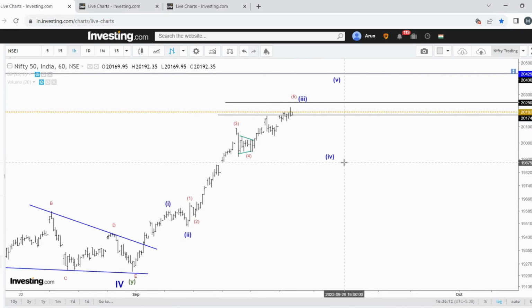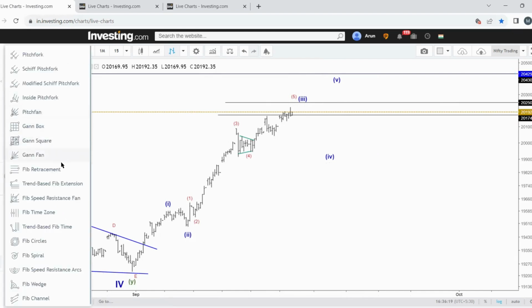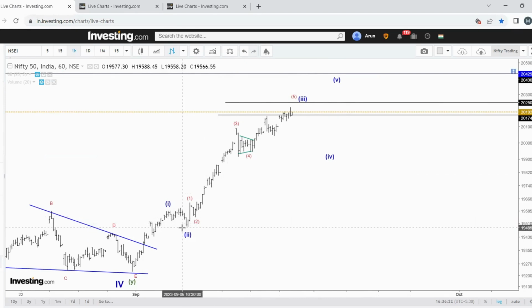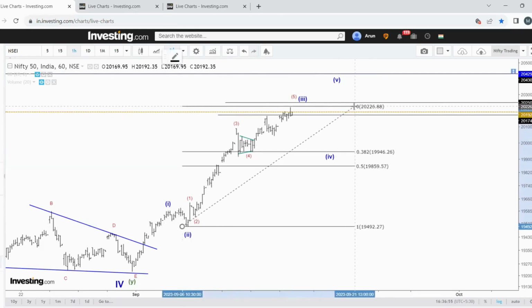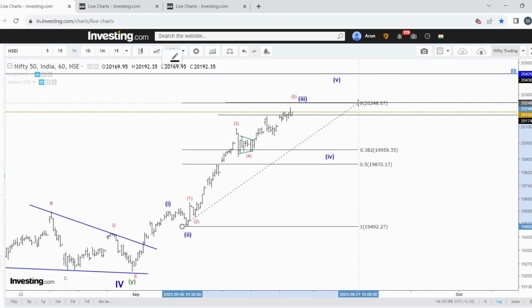There is a possibility of a 5-3-5 fast correction, and it can be deeper also because this wave 2 is very shallow. If I assume wave 3 has ended here, you can expect 19,950 to 19,850. If it ends here, nothing much difference.